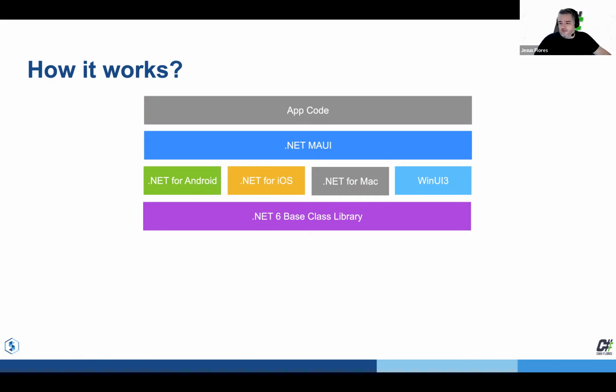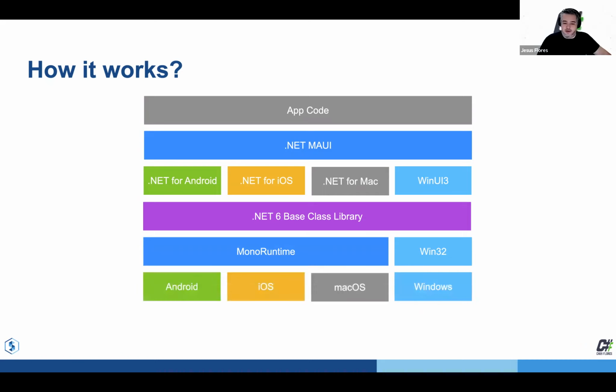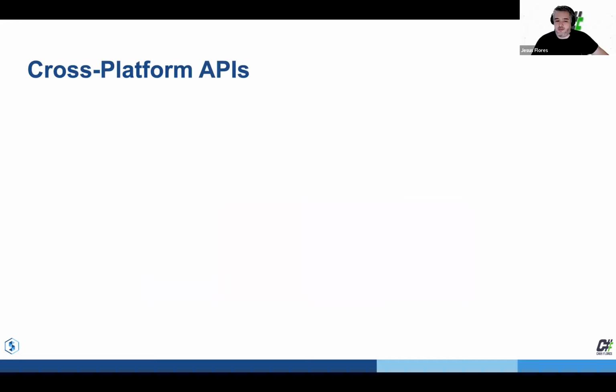So you have your base library and everything will be executed over the Mono runtime or Win32, the Windows .NET runtime. For the Mono runtime, we have Android, iOS, and macOS, and for Win32, it's Windows. .NET MAUI allows us to have cross-platform APIs.